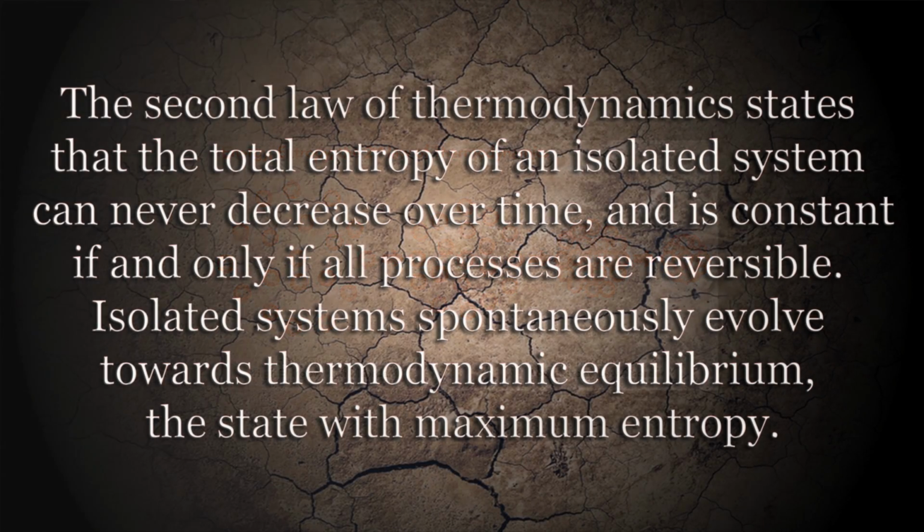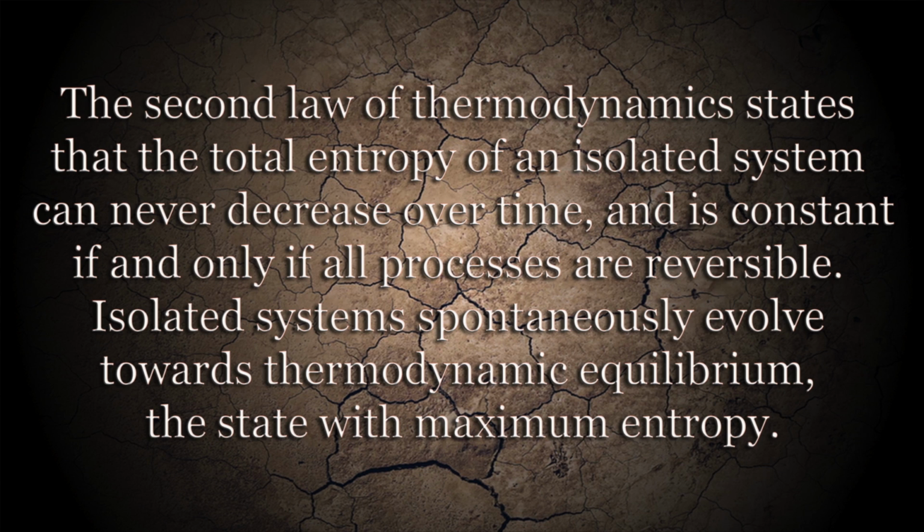The second law of thermodynamics states that the total entropy of an isolated or closed system can never decrease over time. That means it's always increasing, and is constant if and only if all processes are reversible. Generally, everything that we deal with in our life falls apart.